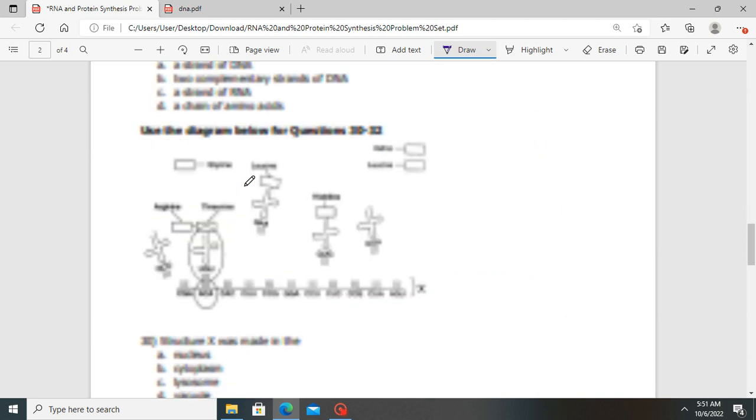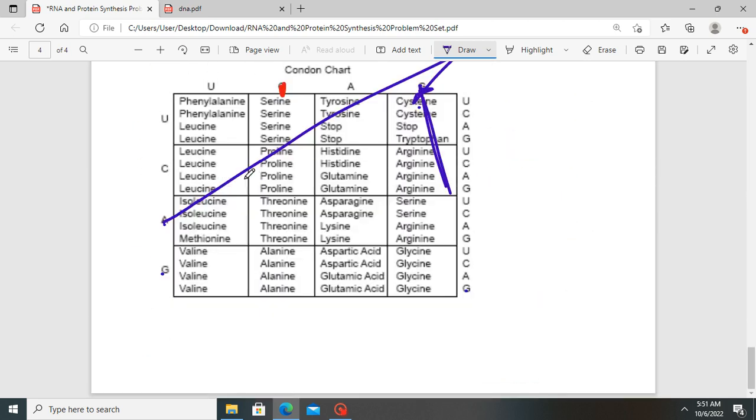Let's try it again. Let's say you want to read CCC. The first one is C, the next one is C, and the next one is C. We come here, and CCC is proline.